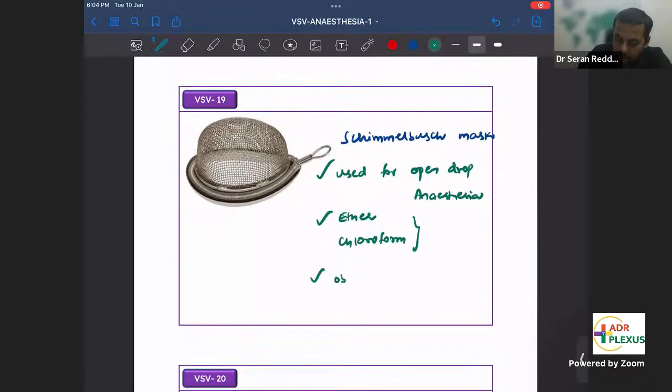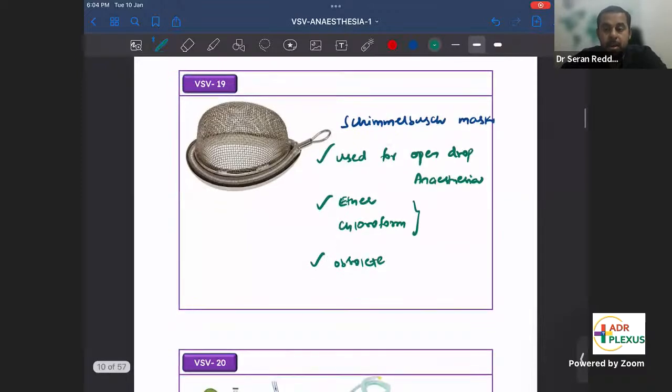It is obsolete now, not in use. If an image-based question comes, you have to answer: this is a Schimmelbusch mask, and it is obsolete now.